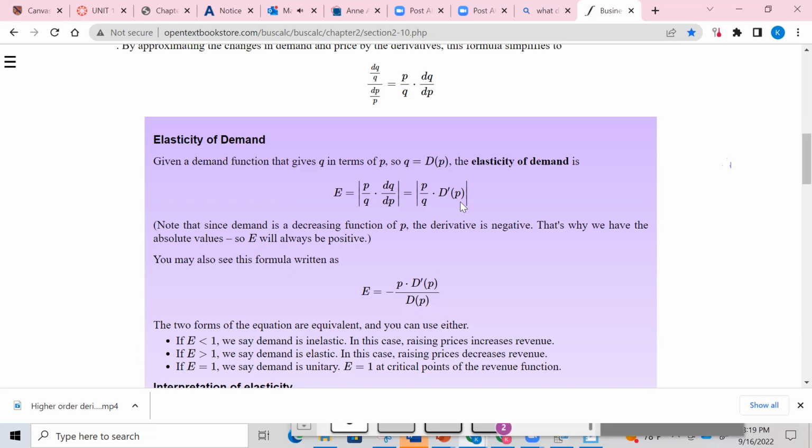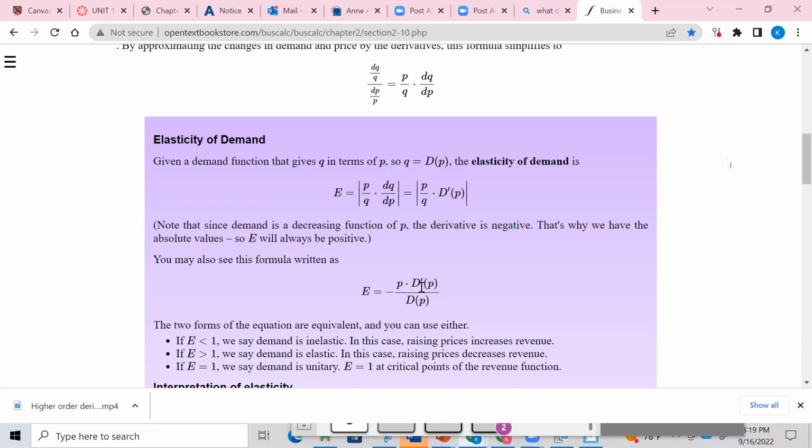Since the demand is always a decreasing function of p, the derivative is negative. That's why we have absolute values, so E will always be positive. But the formula is also written with a negative sign instead, because a negative over negative equals positive, and then it's the derivative.